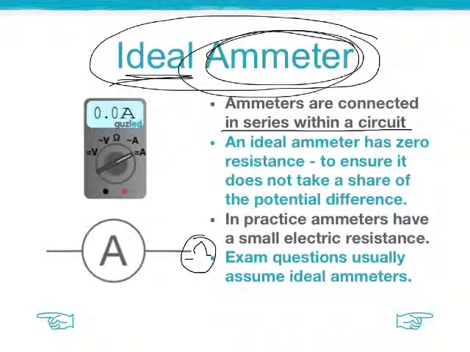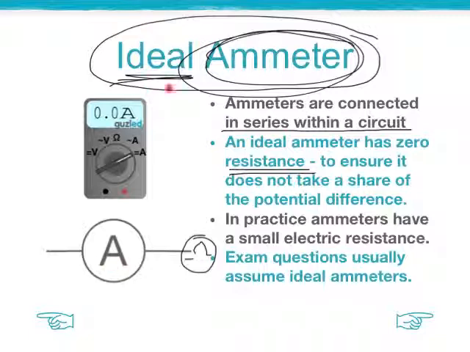And what does ideal mean? That it has zero resistance. That means that when the electron flows through the ammeter, it should encounter zero difficulty, and so therefore the ammeter will not affect its speed. It will not interrupt how quickly it will flow through, and therefore does not take a share of the potential difference. It doesn't take any energy away from it.